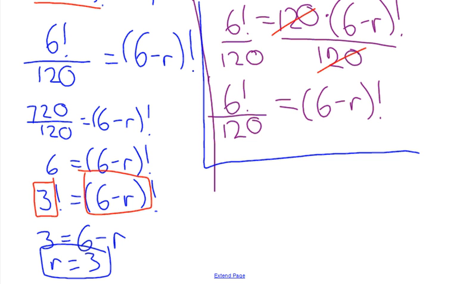If you have 5 factorial equals 5 factorial, you know you can take that factorial away, and 5 equals 5. That holds true.